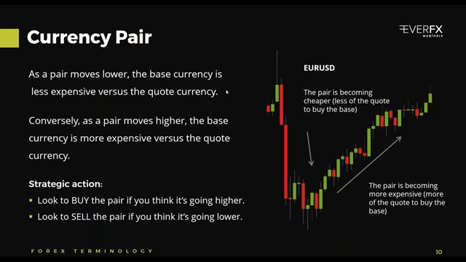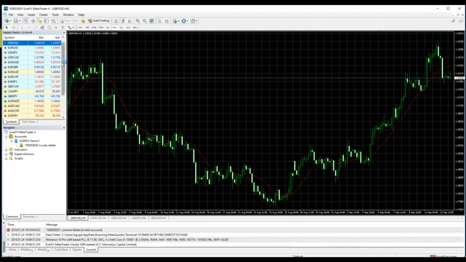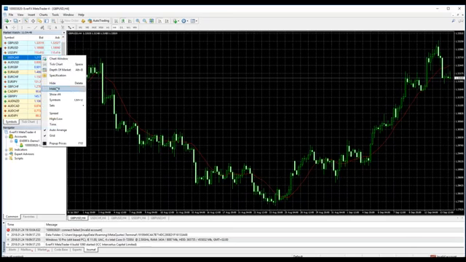Okay, now let's go a bit further. Currency pairs. Most traders look at a Forex pair, a currency chart, the same way you'd look at a gold chart. Well, that's actually wrong. This is a currency chart.